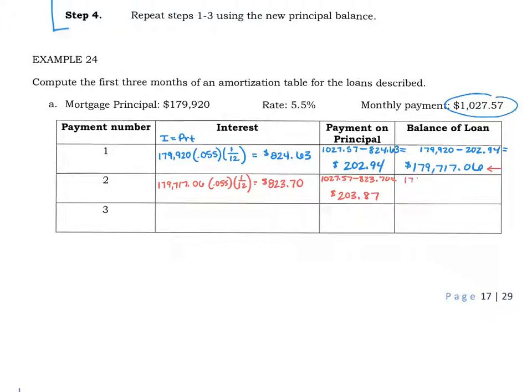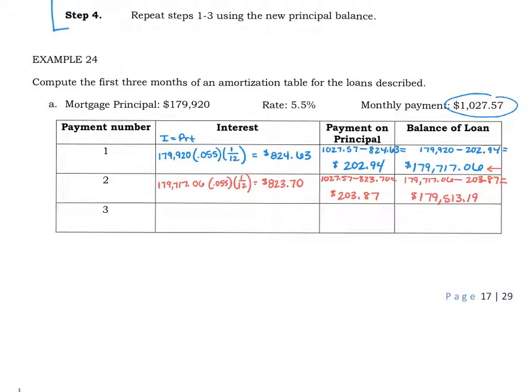And so we take our previous balance, the $179,717.06, subtract the $203.87, and we find out that after 2 months of making payments, we owe $179,513.19. And now this process repeats itself once again.